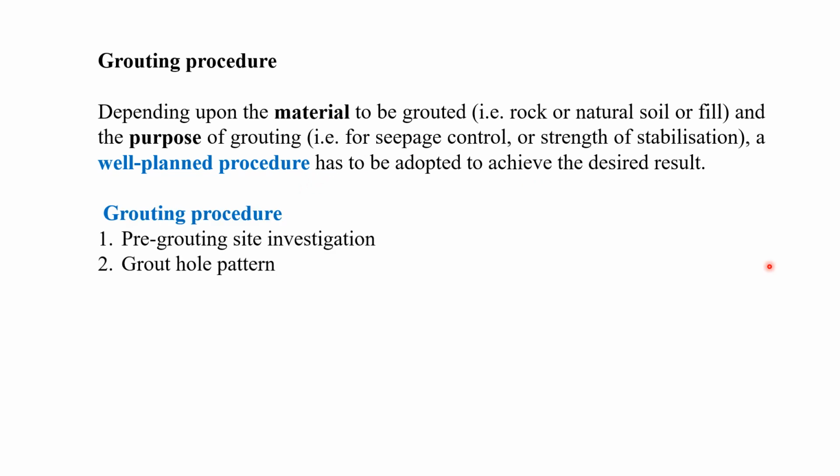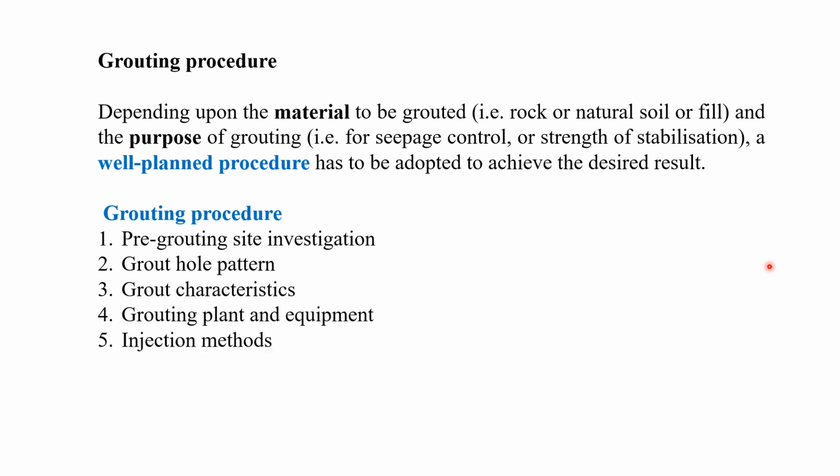Here I would like to tell you, whenever we talk about grouting procedures, it consists of 5 components. The first one is pre-grouting site investigations, grout hole pattern, grout characteristics, grouting plant and equipment, injection methods, grout injection measurements and monitorings.